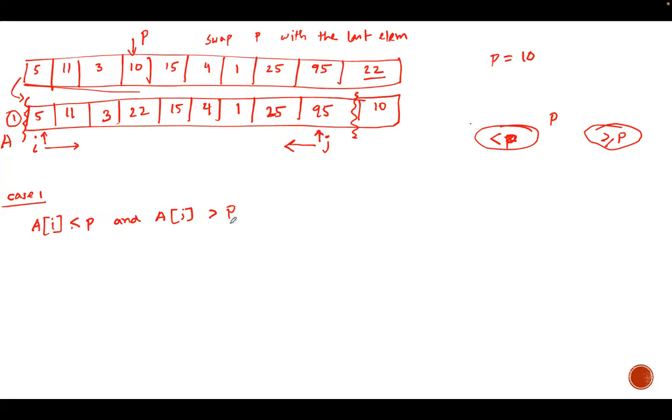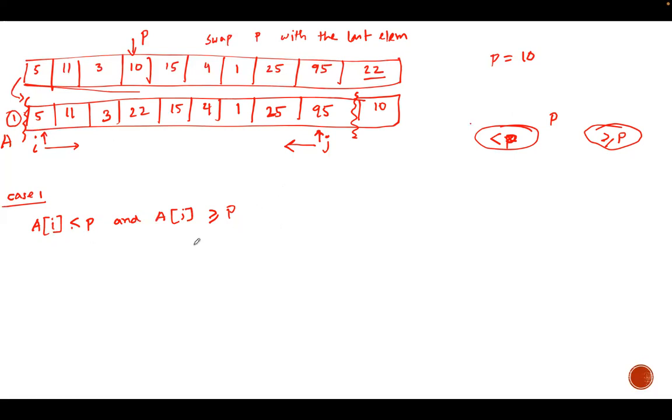What does this condition say? When A[i] is less than the pivot and A[j] is greater than the pivot, both of these numbers are in the correct place. This number should be on the left side, and this number should be on the right side. They are at the correct place.